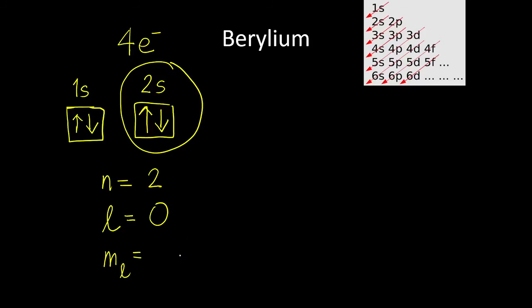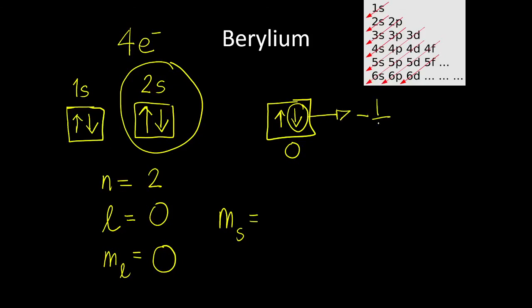Since I drew 2s, it means it's 0. What is the value of the magnetic quantum number M sub L? Where did I place the last arrow? Arrow down. But where is it, isn't the number there 0? So I will also put 0 here, Section Emerald. Now, the M sub S, what is the last arrow placed? It's arrow down. Since the last arrow is down, it means negative 1/2.